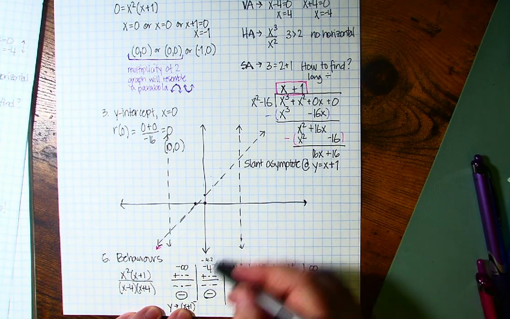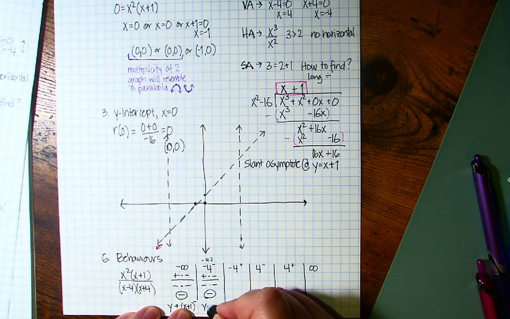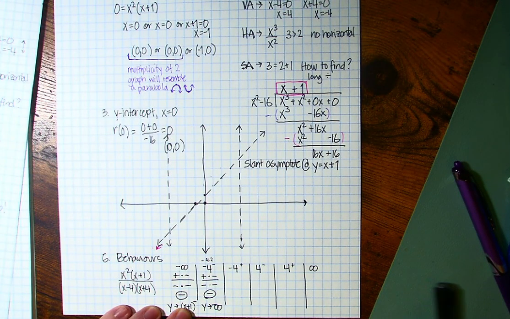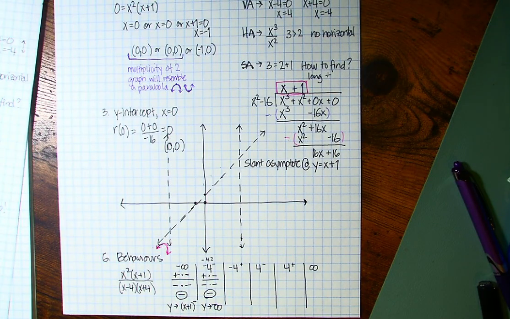When we're talking vertical asymptotes, we're either going to go up or down. So this y value is going to go to negative infinity and go down. That means all of the action is right here, and it's just going to follow the curve there. It's going to go from negative, and then it's going to turn and go negative again. All right?